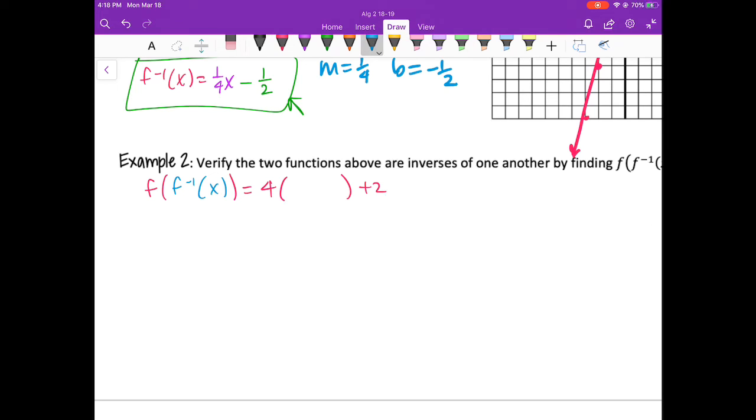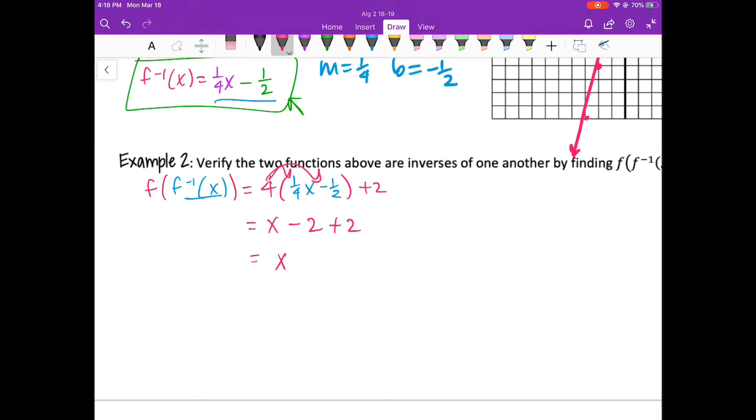This time our input is f inverse, which is right above us, 1/4 x minus 1/2. So we start by distributing. 4 times 1/4 is just 1 times x. And then 4 times 1/2, if I have 1/2 of 4 people, that is 1/2. Oops, no it's not, that's a lie. It's 2. And then plus 2, sorry about that.